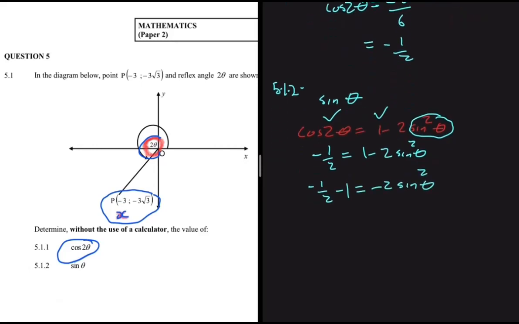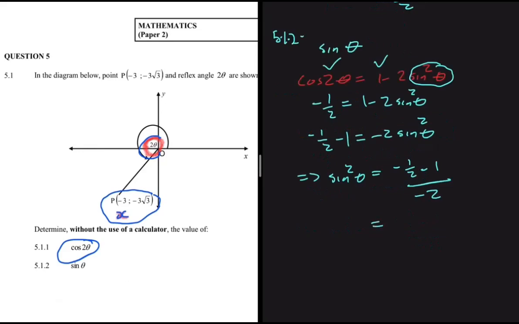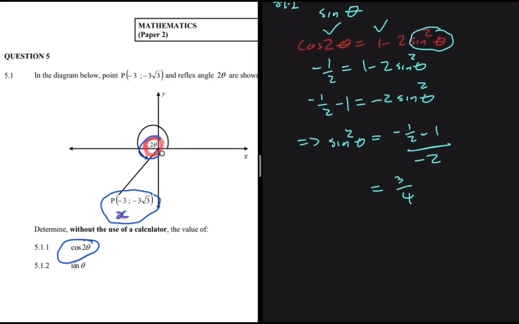So let's just divide both sides by minus 2. So this would imply that we would get sine of theta squared being equal to minus 1 divided by 2 minus 1 divided by minus 2, and we should get 3 divided by 4, right? Being equal to sine of theta squared.